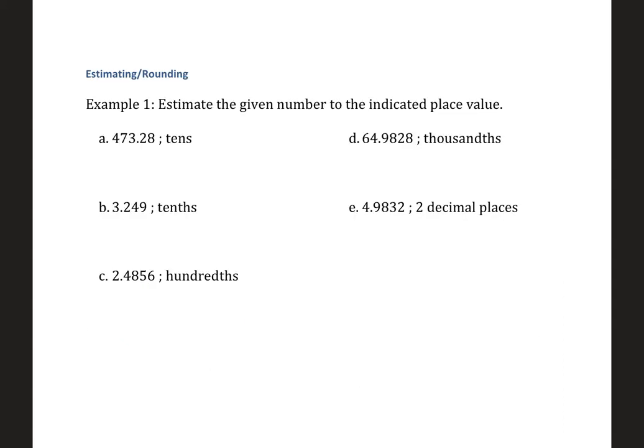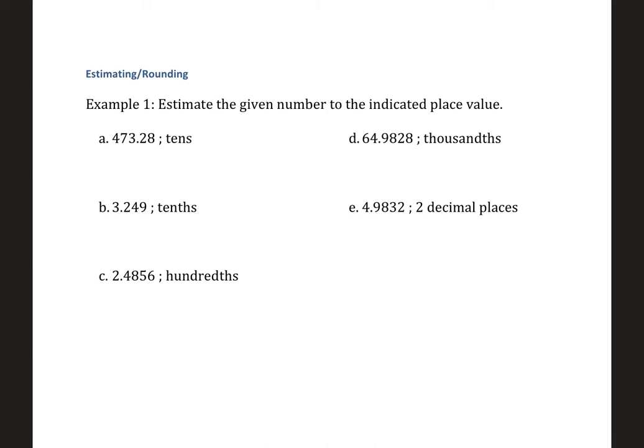Estimating we'll do the same way that we did when we talked about whole numbers. So 473.28 rounded to the tens value. Notice that that's tens, there's no th. That's not going to be the decimal point, it's going to be the tens value. So like hundreds, tens, ones.